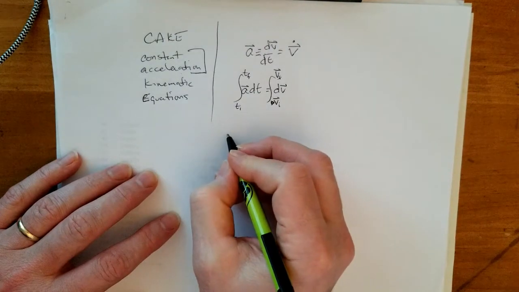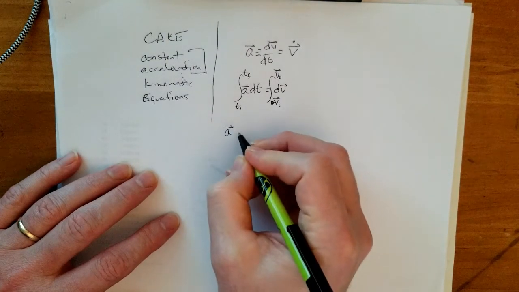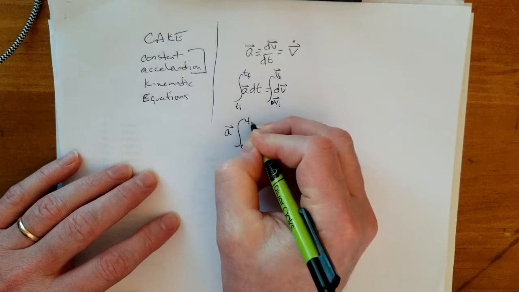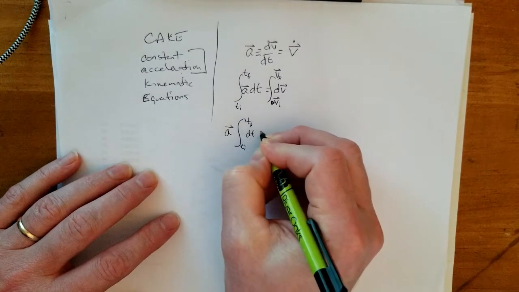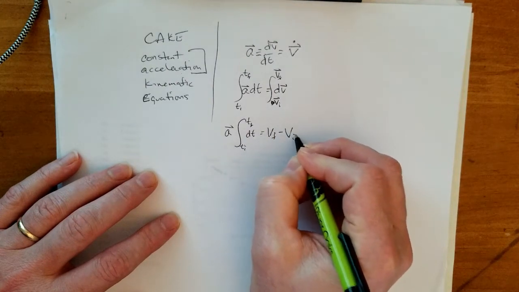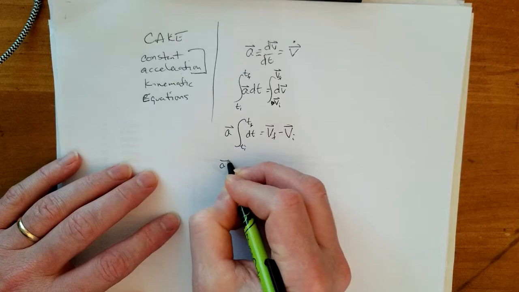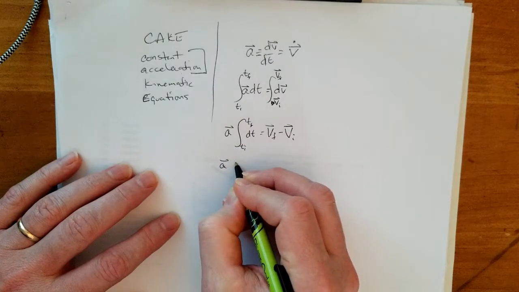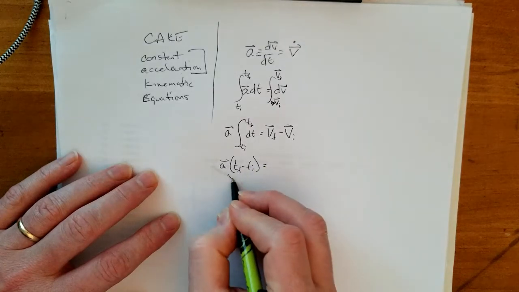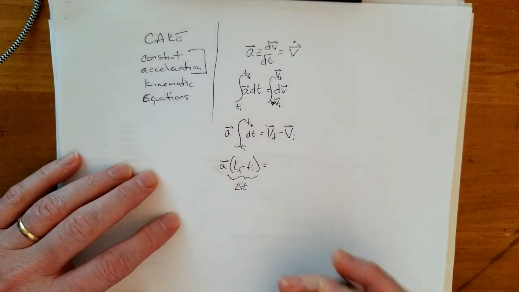And so as we integrate, because acceleration is a constant, it basically factors out from ti to tf. So the integral of dt is equal to v final minus v initial, which is acceleration times, in essence, t final minus t initial. This right here is the change in time.